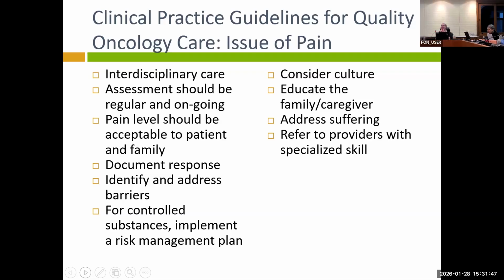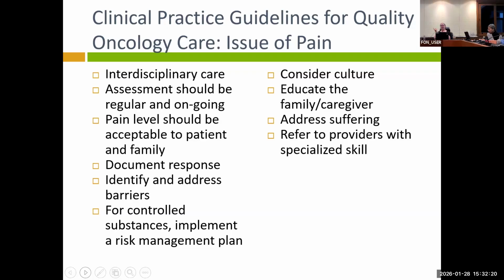The pain level should be acceptable to the patient and the family. You need to document the response or non-response, identify and address barriers, and then for controlled substances like opioids, you have to implement a risk management plan now. That's necessary now in the United States.